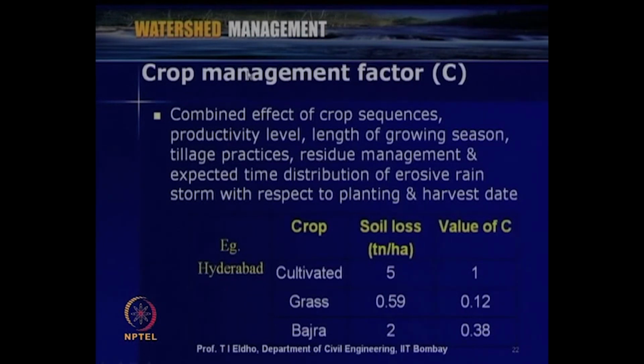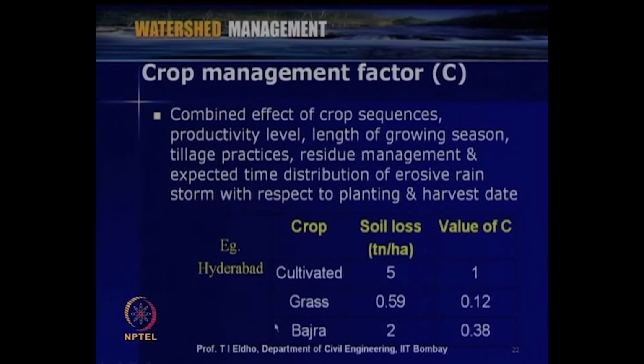Then another important factor in the universal soil loss equation is crop management factor C. That is the combined effect of crop sequences, productivity level, length of growing season, tillage practices, residue management, and expected time distribution of erosive rainstorms with respect to planting and harvest dates.